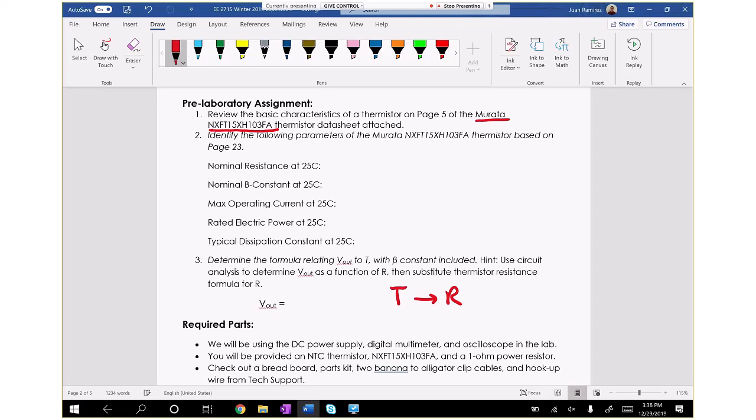And to go from temperature to resistance, we have to use those equations above. And based on that resistance, we can find a V out value. And to do that, you'll have to do a little bit of circuit analysis there. So what I'm asking you to do is to find V out with respect to temperature. That's the pre-lab. Those three things.